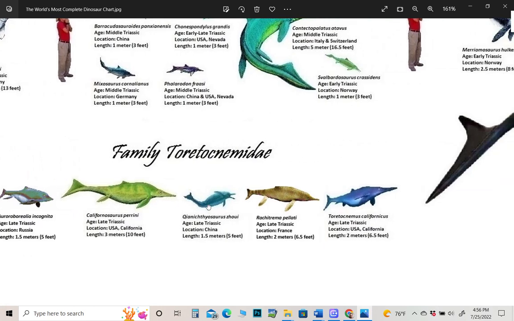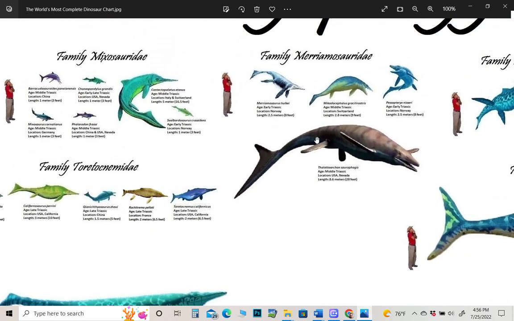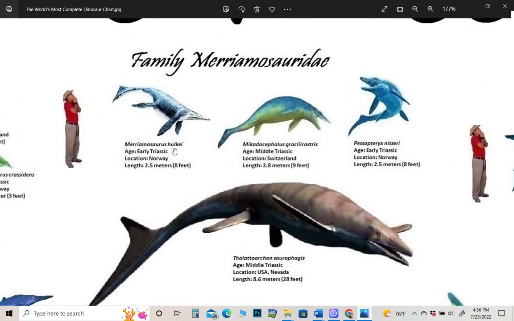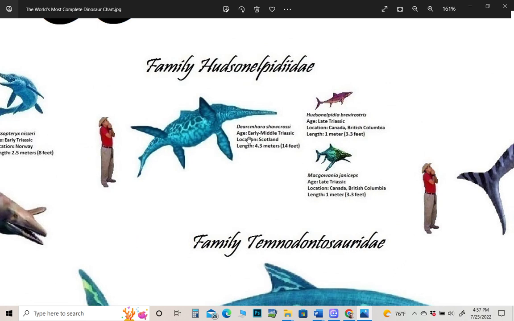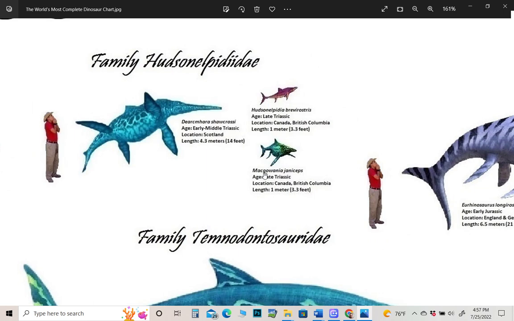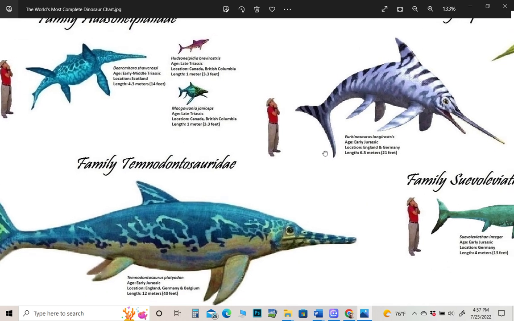Californosaurus, Cymbospondylus, Qianichthyosaurus, Toretocnemus, and then we go to the Shastasaurids. Shastasaurus, Macgowania. These are named after various, probably famous paleontologists, I would imagine.